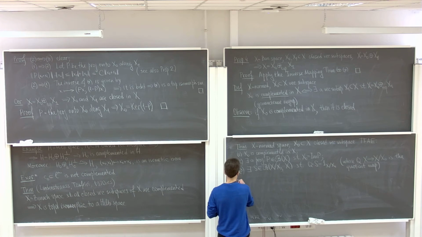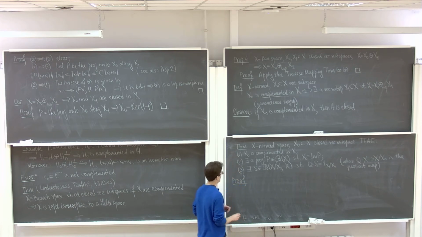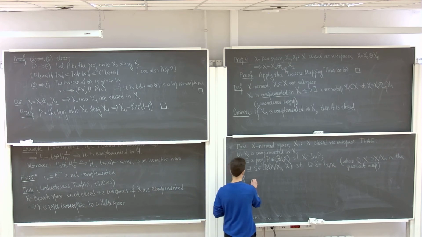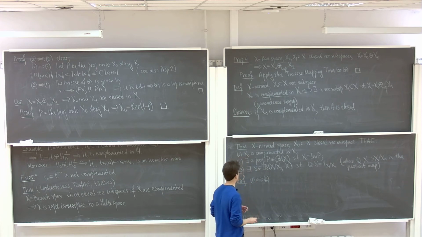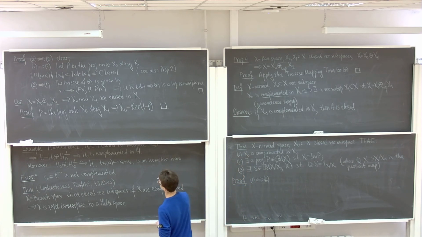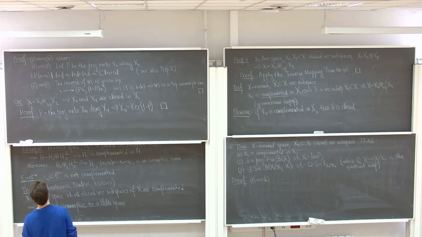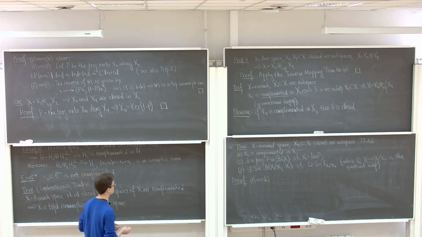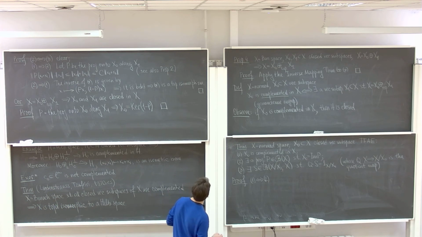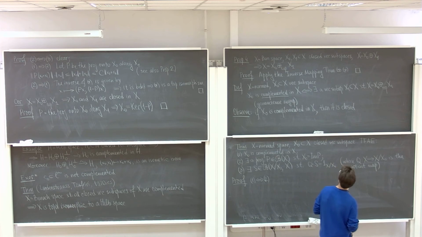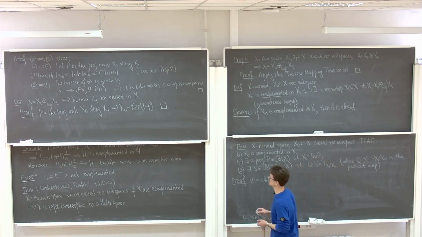Well, first of all, 1 and 2 are equivalent. We observe that 1 and 2 are equivalent by proposition, if I'm not mistaken, this was proposition 4. I cannot find it on the blackboard. No, not 4. 4 is about Banach spaces.